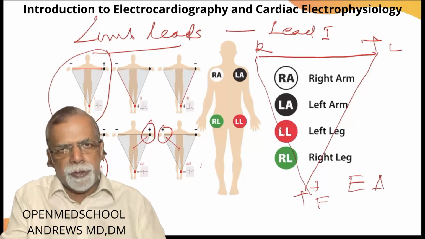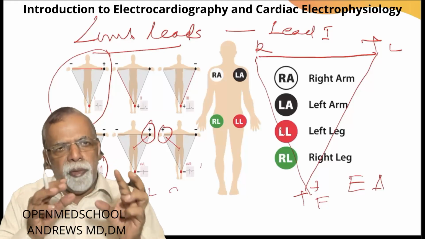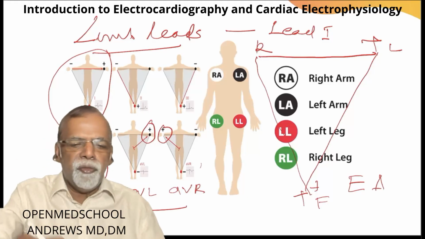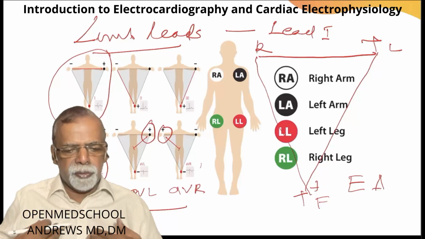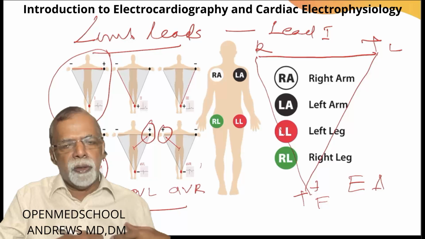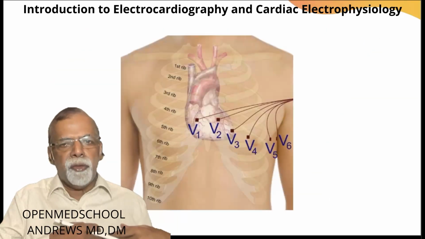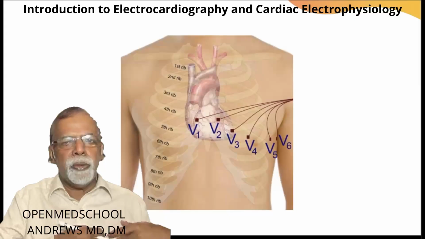Now we go into the chest leads. Chest leads are named V1 to V6 normally. V1 is on the right side on the fourth space. V2 is on the fourth space on the left side. V3 will be between V2 and V4.